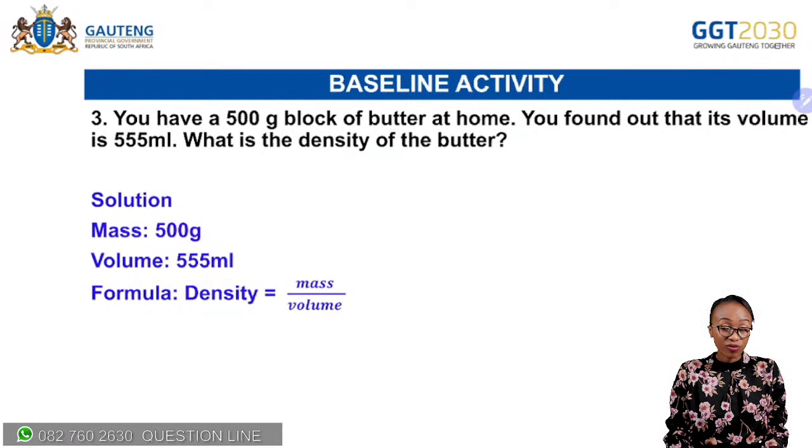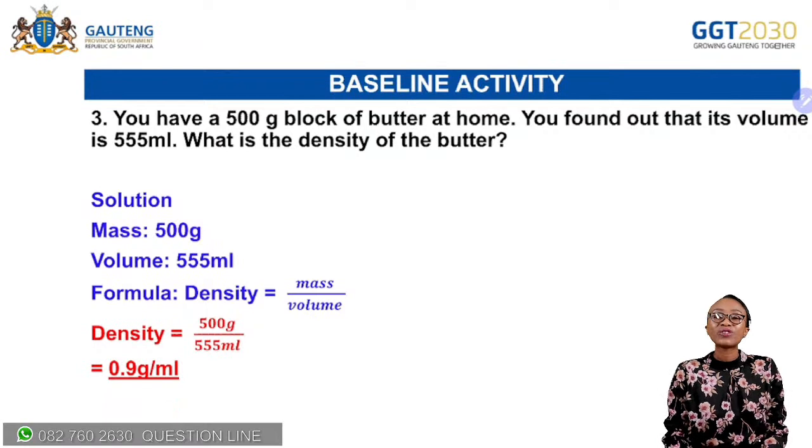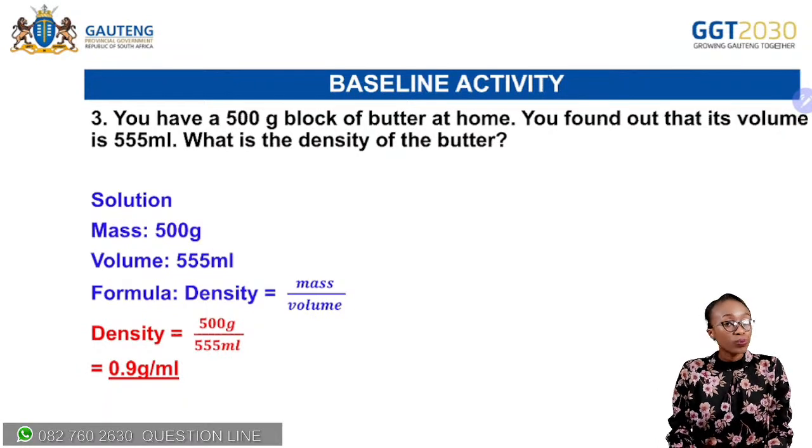So 500 grams of butter over 555 milliliters. That is the volume of the butter. So now we're going to put our numbers down. So 500 grams divided by 555 mils is going to give us 0.9 grams per milliliter. Do not forget to put down those units. Units are very important because they tell us what we're working with. So in terms of density, grams per milliliter is one way to express its units.